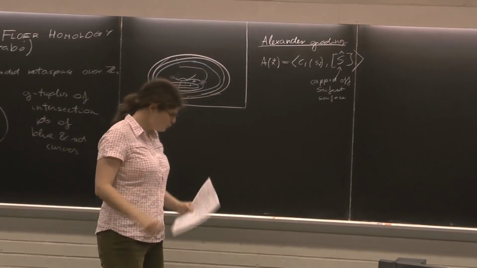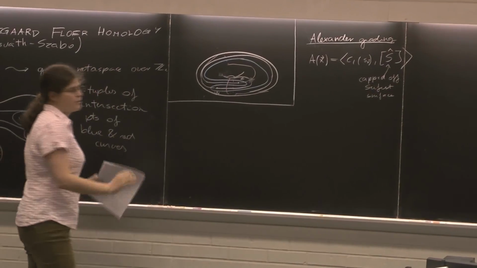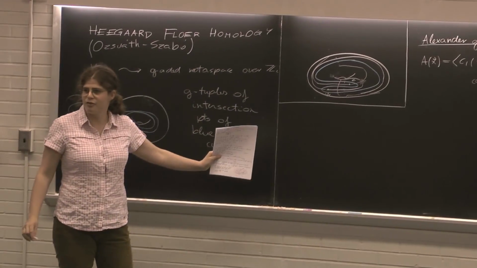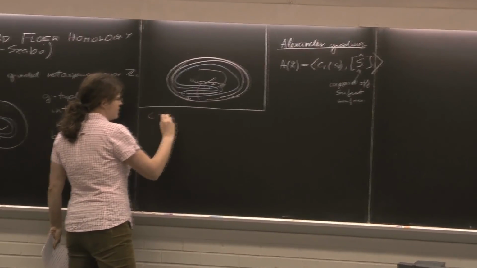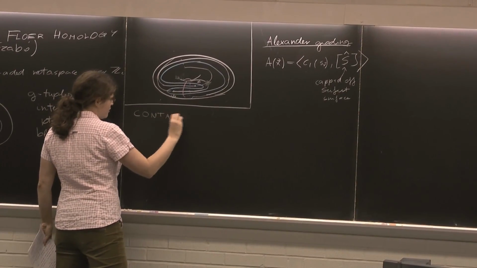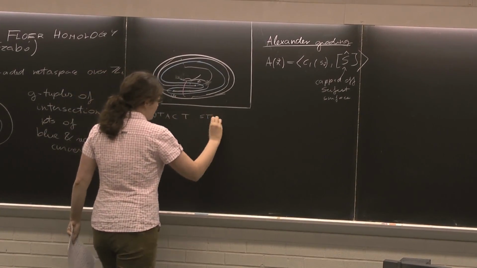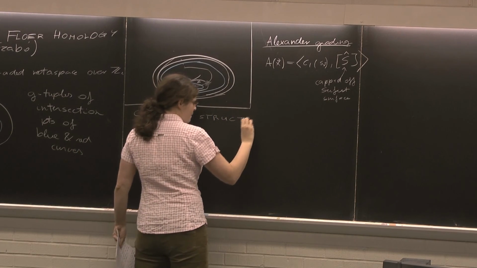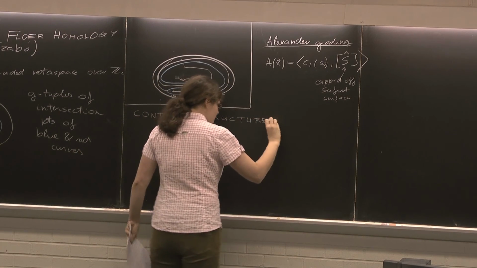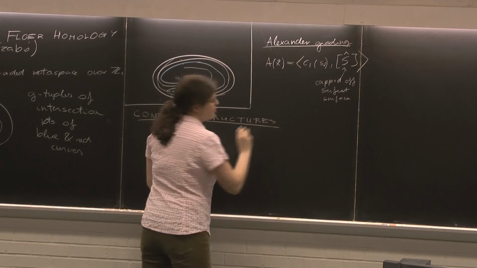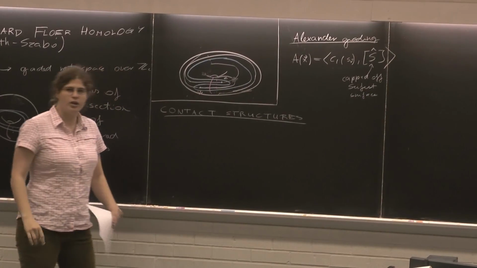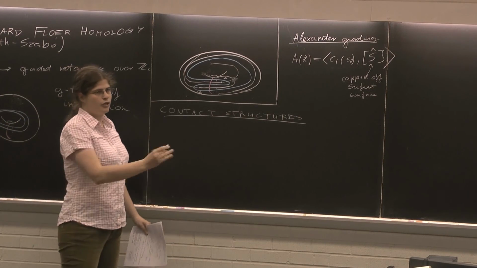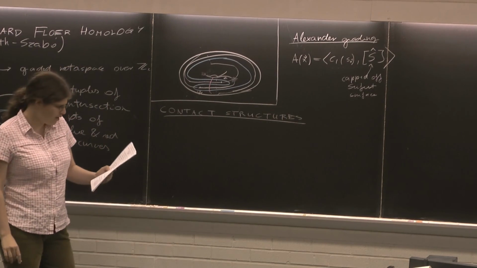And then, okay, so that's all I wanted to say about Heegaard Floer homology. And then I will talk a little bit about contact structures, really just a little bit, because you heard a lot. So a contact structure was again a plane field which was nowhere integrable.